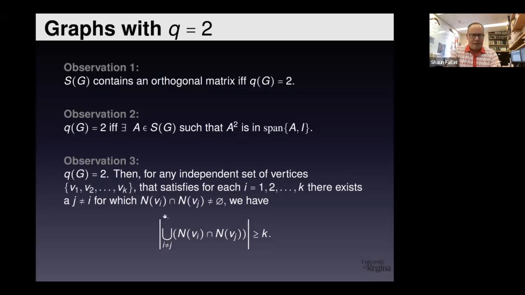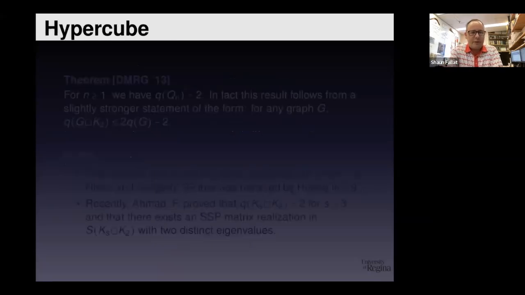It basically says that if you have an independent set, then there have to be lots of common neighbors among the vertices in this independent set, roughly speaking. And as soon as you don't have enough common neighbors among a set of independent vertices, then there's no hope for Q to be 2. So just a little characterization.